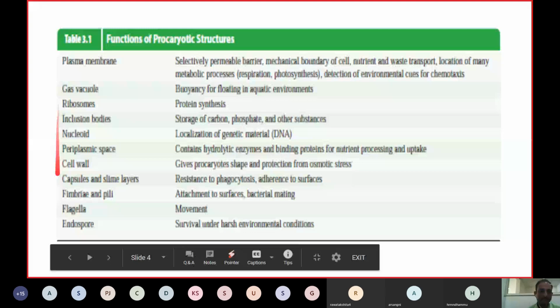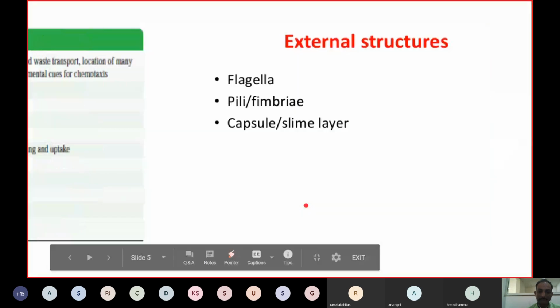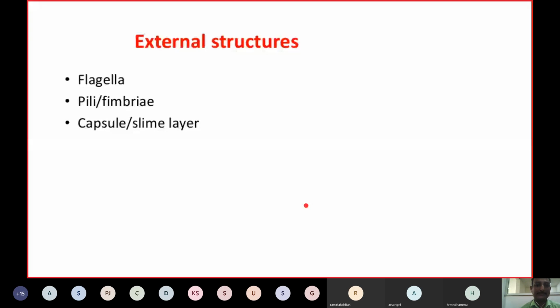So these are the organelles present in bacteria at a glance, and these are their very brief functions. Today we are talking about external structures, which include flagella, pili and fimbriae, capsule and slime layer. We'll take them one by one.